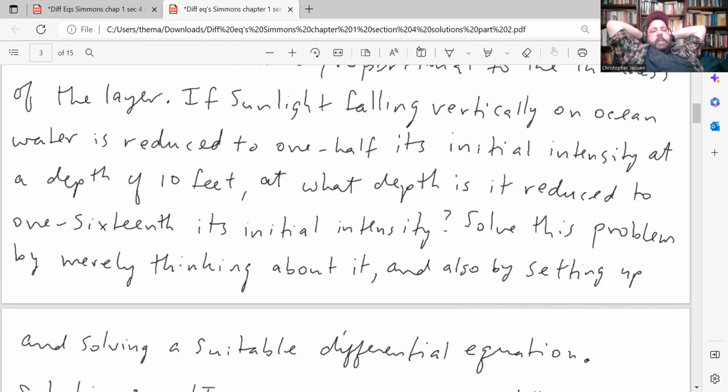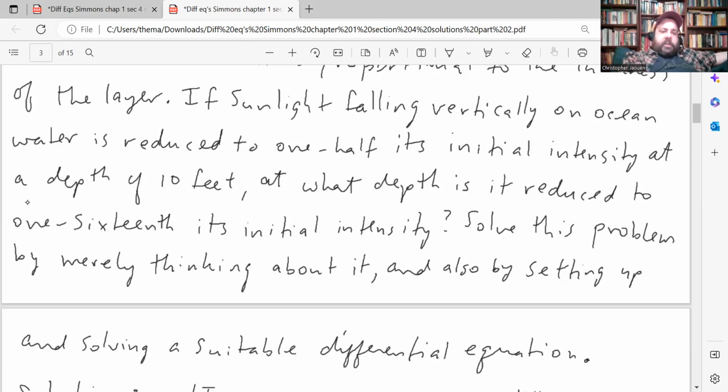So if you want 1/16 the intensity, you go 10 feet down, it's half as intense. You go another 10 feet down, it's 1/4 as intense. Another 10 feet, it's 1/8 as intense, and another 10 feet, which is 40 feet in total, you should get 1/16 the original intensity. That's just intuitively reasoning through the information they gave us.